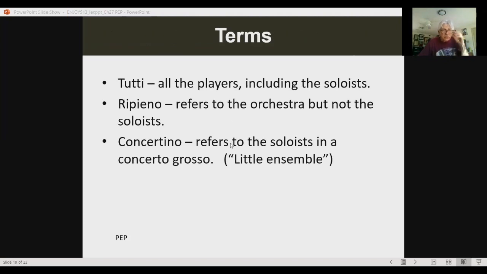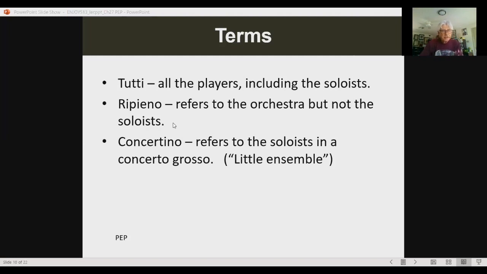And here are terms that we use when we're talking about concerto. Tutti, meaning all the players, including the soloists. Ripieno refers to the orchestra, but not the soloists. And the concertino refers to the soloists in a concerto grosso. So you either have a soloist or a concertino, which is the small group.